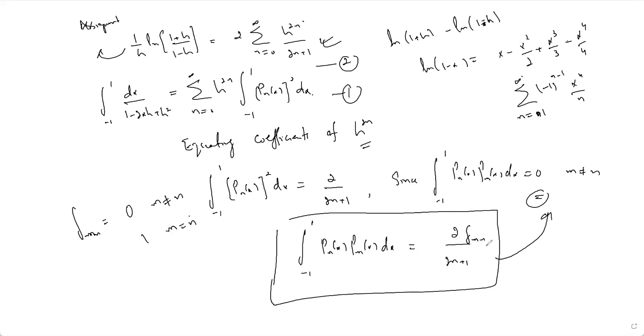Now, if m is equal to n, then pn(x) pm(x) becomes pn(x) whole square, because this will be the same as this, and delta mn is equal to 1, so it will be 2 divided by 2n plus 1. These two separate equations for different values of m and n, I can just combine, and this is what we call a normalizing factor.